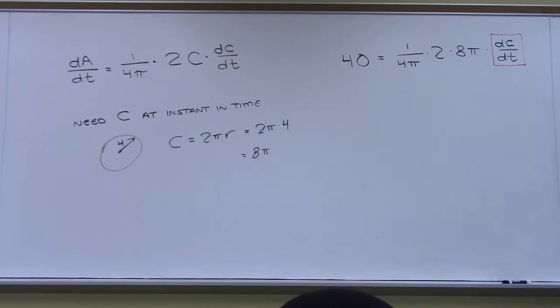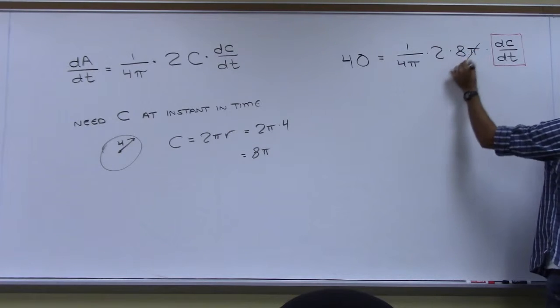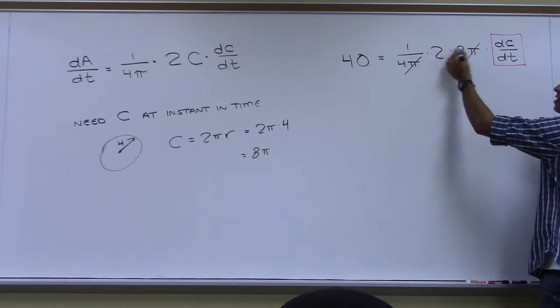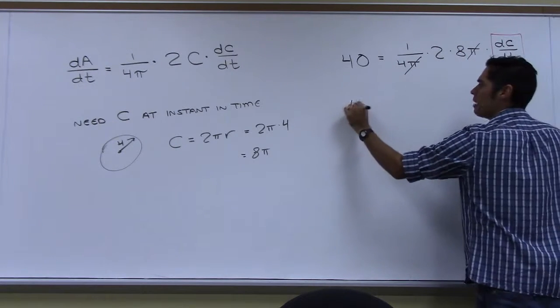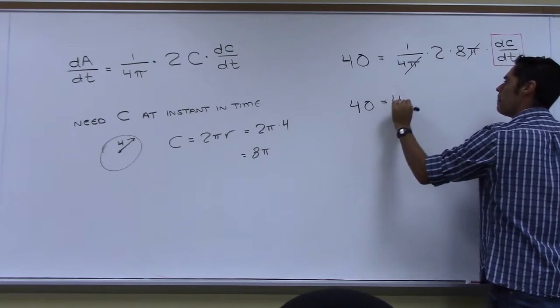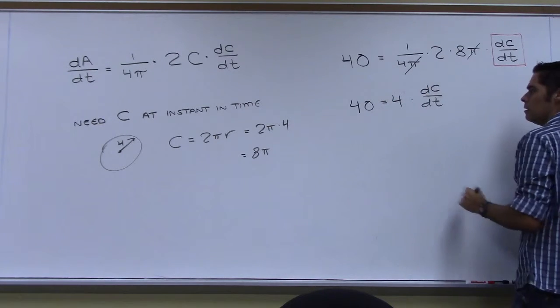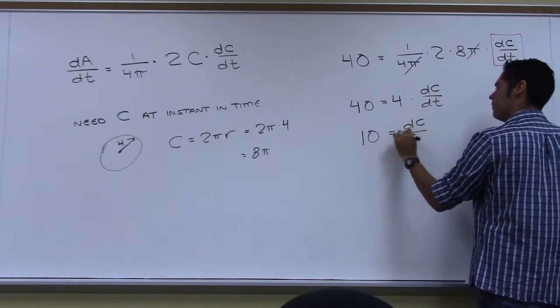We're going to try and isolate that by itself on one side of the equation. So I think good things happen here, right? Pi, pi, cancel. 16 over 4 is 4. So we get 40 equals 4 times dC dt, which means 10 equals dC dt.